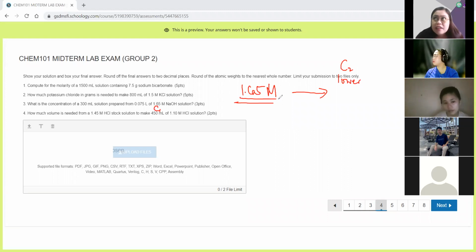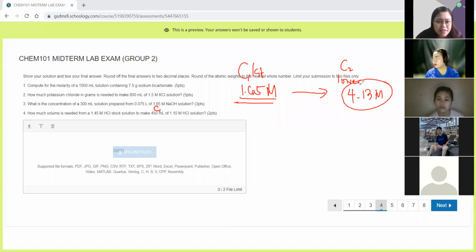That's the time you know your answer is right, because the second concentration is lower than the first concentration, C1. If it's higher, like your answer 4.13 M, that is no longer a dilution process. Remember, dilution means making a less concentrated solution from a more concentrated one.